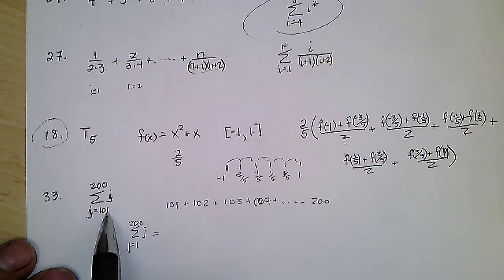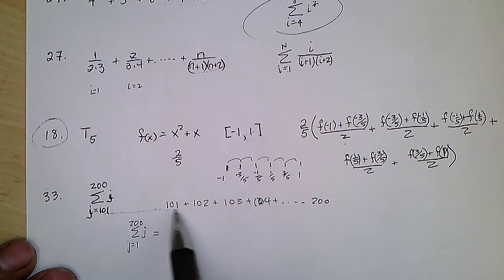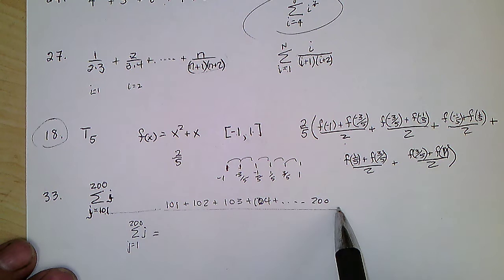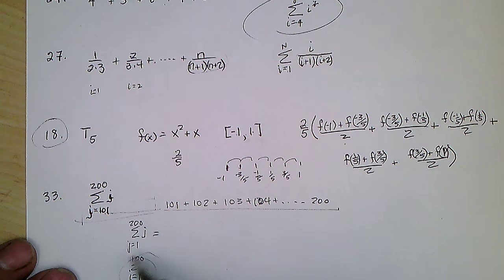but that would include the numbers from 1 to 100 along with these that take it up to 200. So if I figure that out, and then figure out what the sum is from 1 to 100, I could take this away from 1 to 200 and get the answer from 101 to 200.